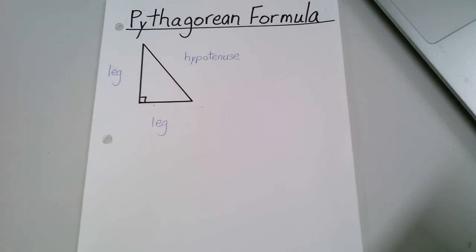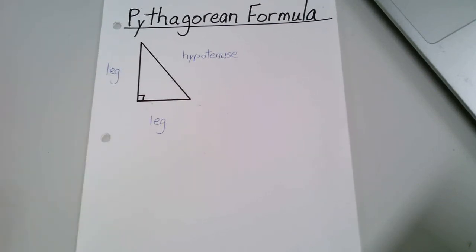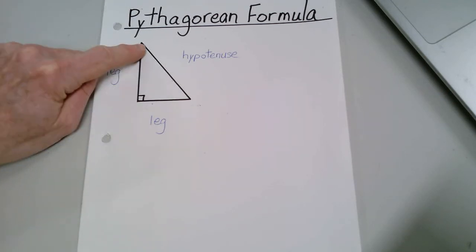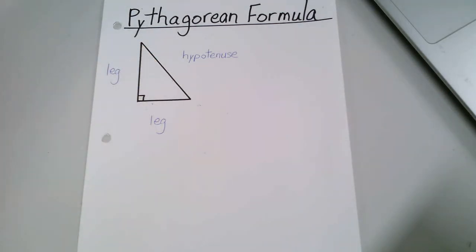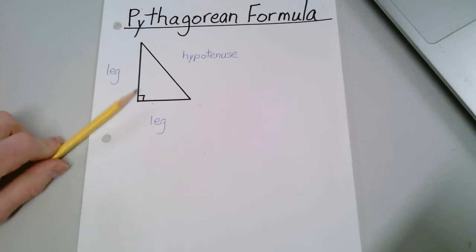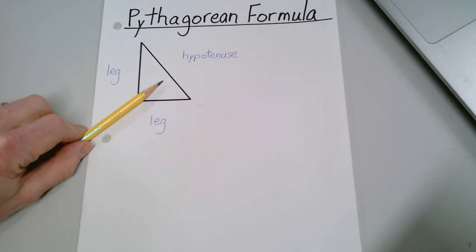So, if you have a right triangle, let's go over the terminology first. In a right triangle, the longest side, which is directly across from the 90-degree angle, is called the hypotenuse.